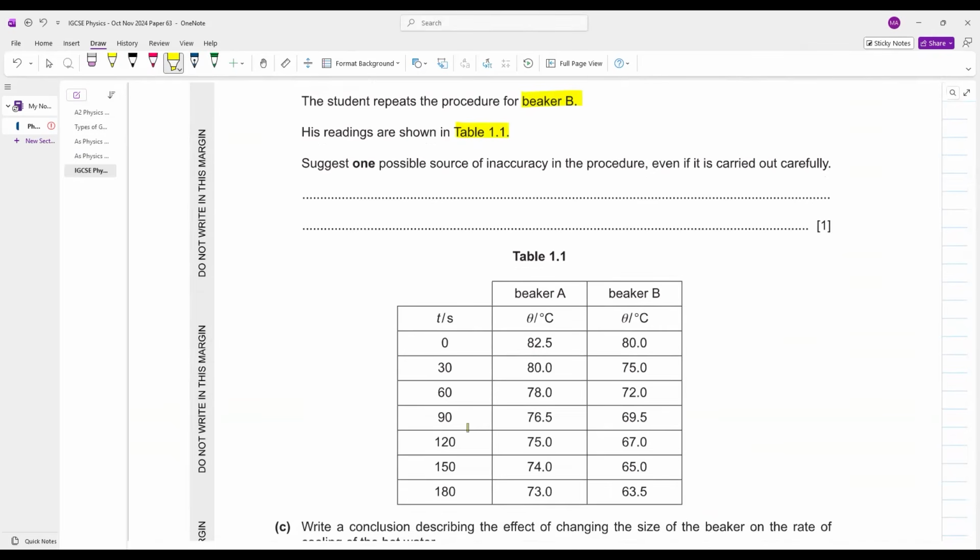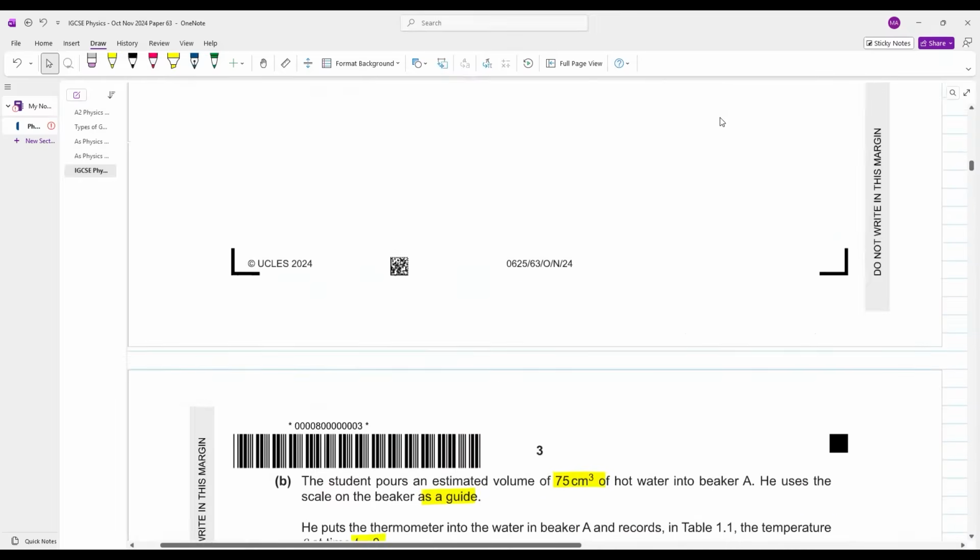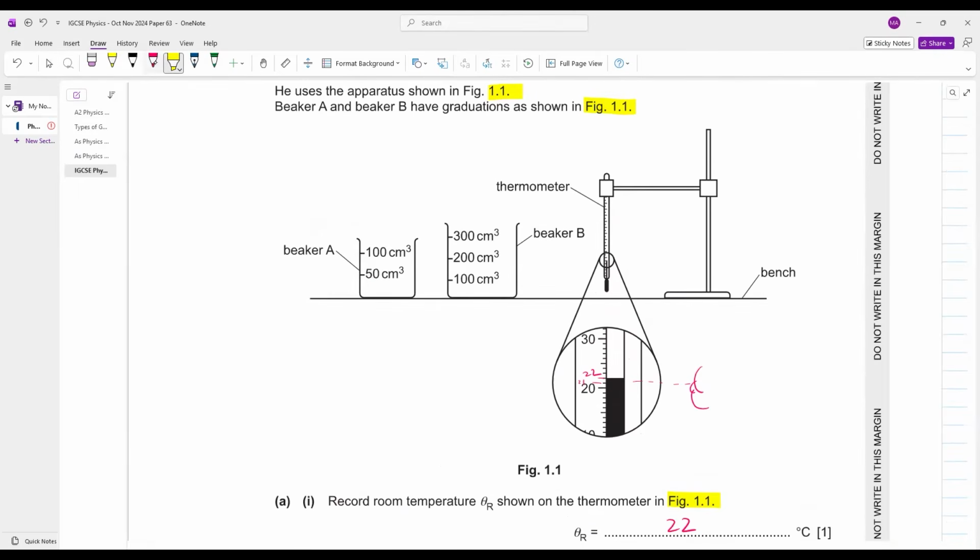Okay. Suggest one possible source of inaccuracy in the procedure even if it is carried out carefully. What can be one possible source of inaccuracy? Can you see it is very difficult to measure 75 cm cube on these beakers. If you have to measure 75 cm cube on these beakers, you have to estimate. You cannot accurately measure 75 cm cube on these beakers because there is no mark for 75 cm cube.